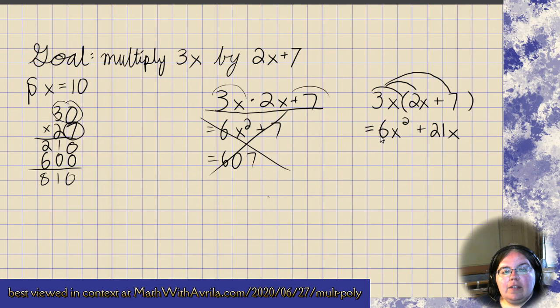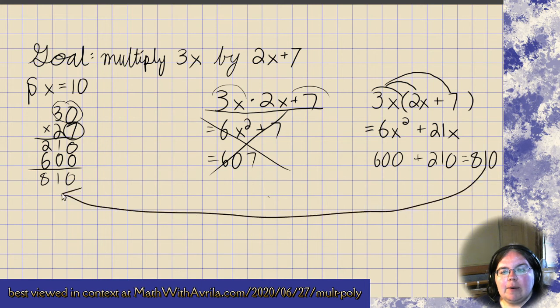And you'll notice that if we said, okay, let's try that out with x equaling 10, that would give us 600 plus 210, which would be 810, just like we want it to be. So that tells me that this is a good way to write that kind of multiplication by putting anything with terms in parentheses.